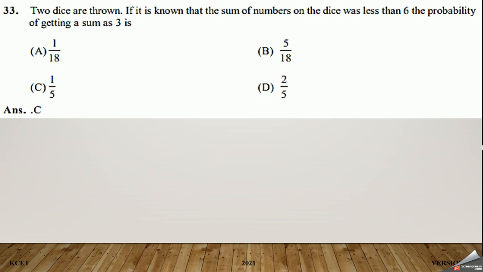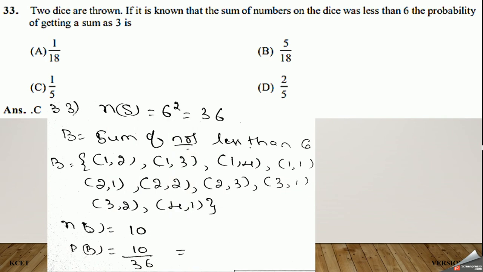Two dice are thrown. If it is known that the sum of the numbers on the dice was less than 6, then the probability of getting a sum as 3 is. Since you are going to throw 2 dice, n of S is 6 square, which is equal to 36.